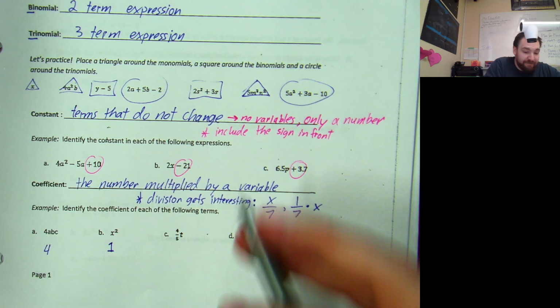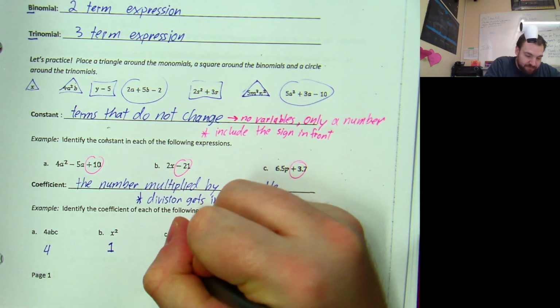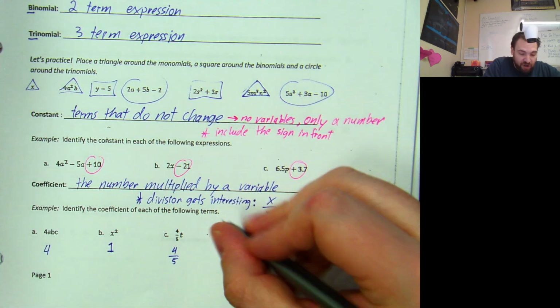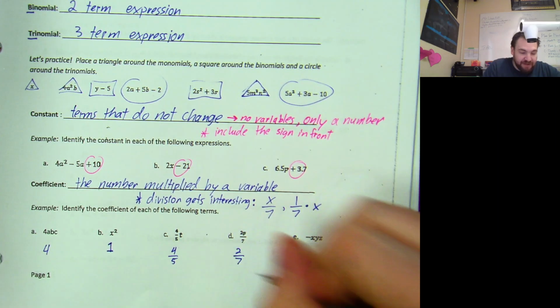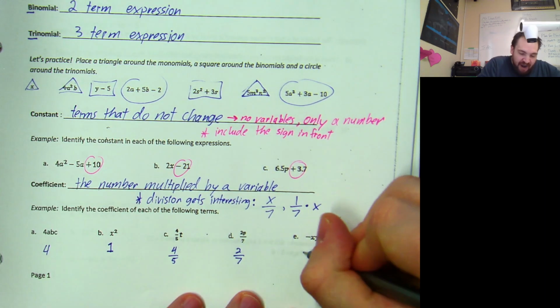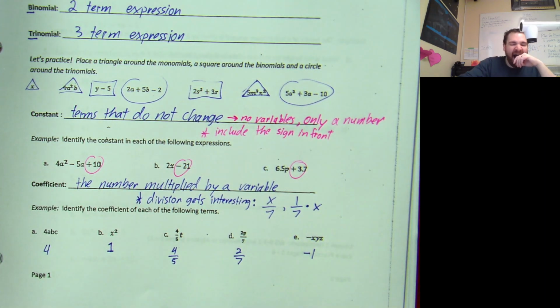It's going to be 4 over 5. How about this one? It's going to be all of that there. Yeah, the 2 over 7. And then what's my coefficient here? -1. Good. Comments, questions, concerns? Okay, cool. Flip the page.